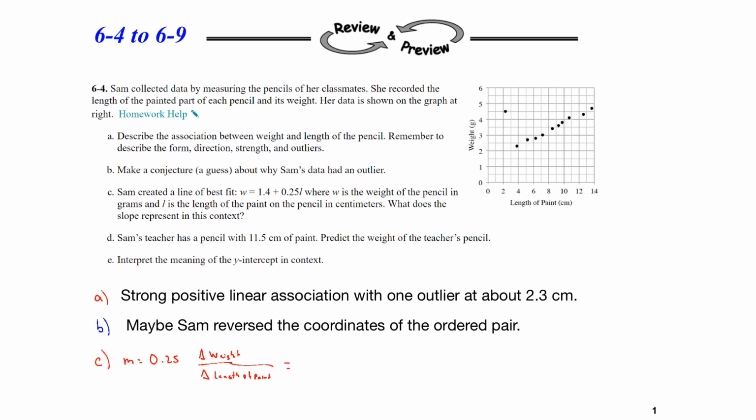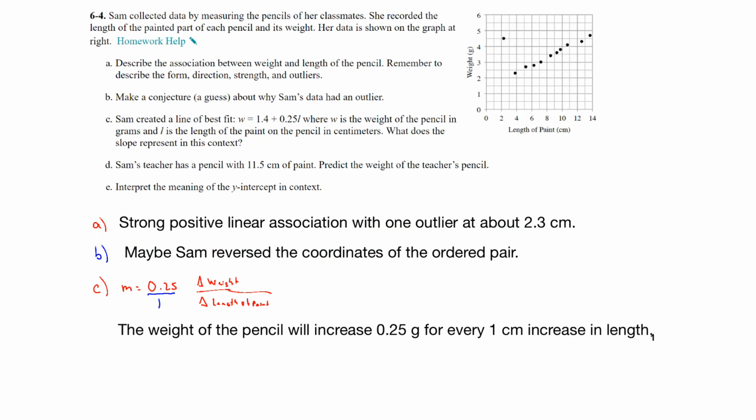Think about that. Now, one thing that might help is that your slope is divided by 1. So if the length of the paint is going to increase 1 centimeter, then the weight will increase 0.25 grams. So you got the change of the length of the paint and the change of the weight. So I wrote that as the weight of the pencil will increase 0.25 grams for every 1 centimeter increase in length.